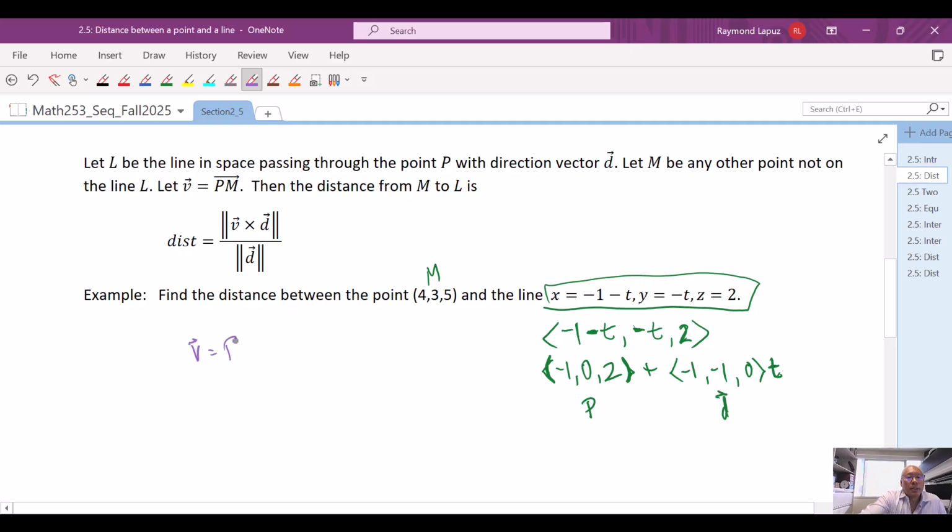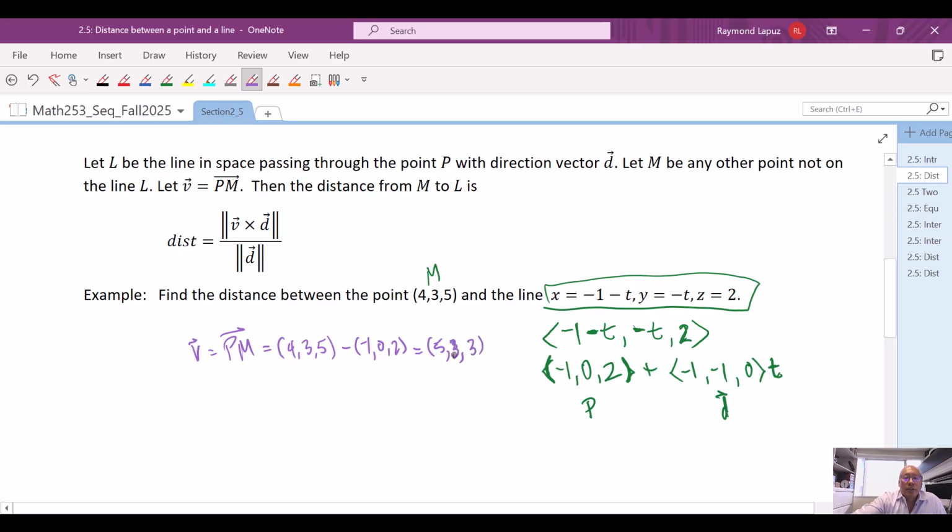V is going to be the vector from P to M, and it's going to be head minus tail. Let me write this out just in case. The head is 4, 3, 5, and then the tail is the point -1, 0, 2, and so that will equal 4 minus -1, so that's a 5, 3 plus 0, and 5 minus 2.